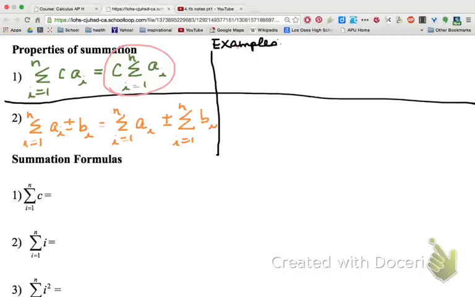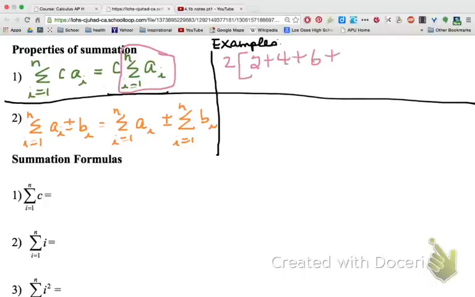I'm going to give you an example. So let's say that this series that I was adding was the even integers. And let's say that they turned out to be 2 plus 4 plus 6 plus 8. So all of that turns into this pattern. Because remember, a series is nothing more than a pattern.